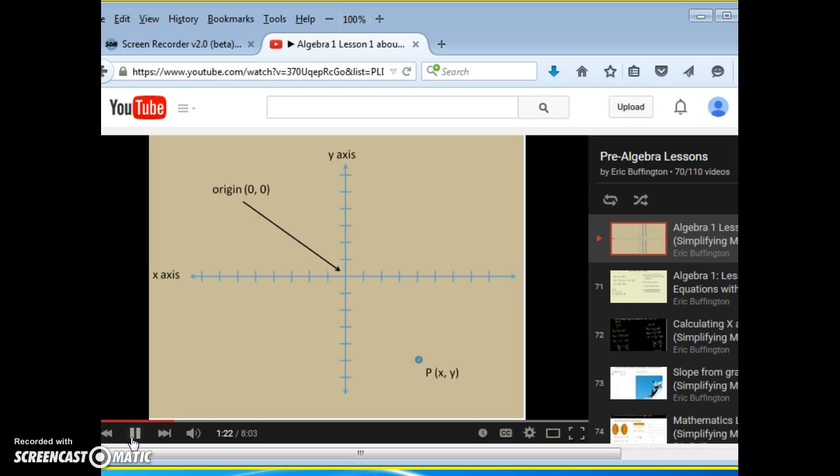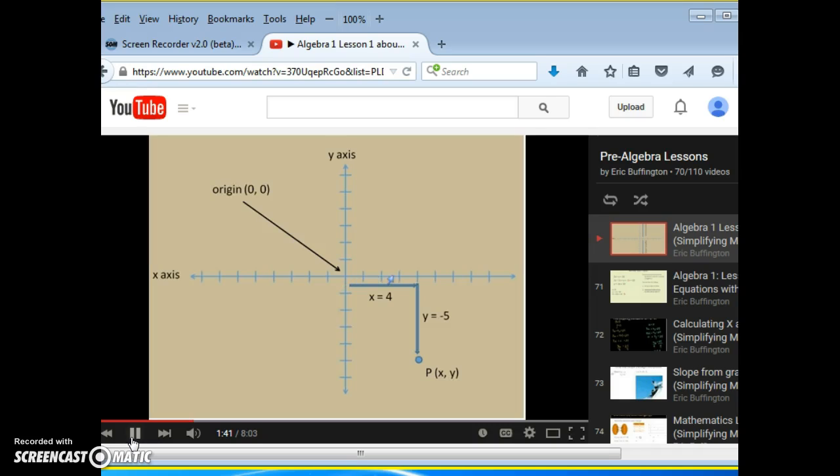Any other point on this graph is going to have an x-coordinate and a y-coordinate that are either positive or negative, and they start from the origin and move out. Let's go ahead and look at what this point would be. This point here, we start at our origin, up there, and we move 4 places to the right, and then 5 places down. You see that?